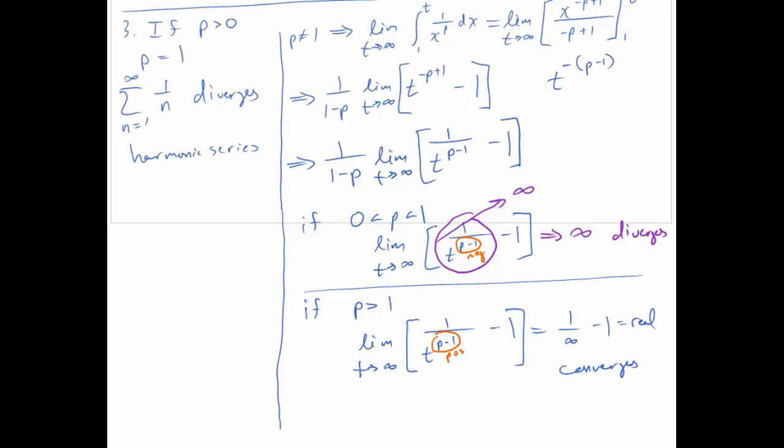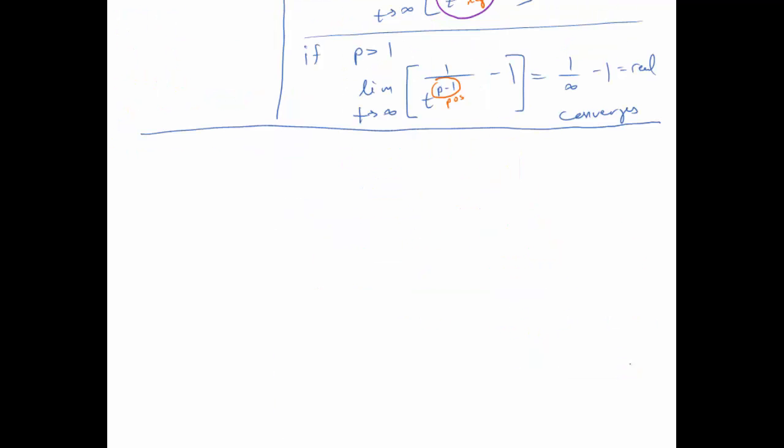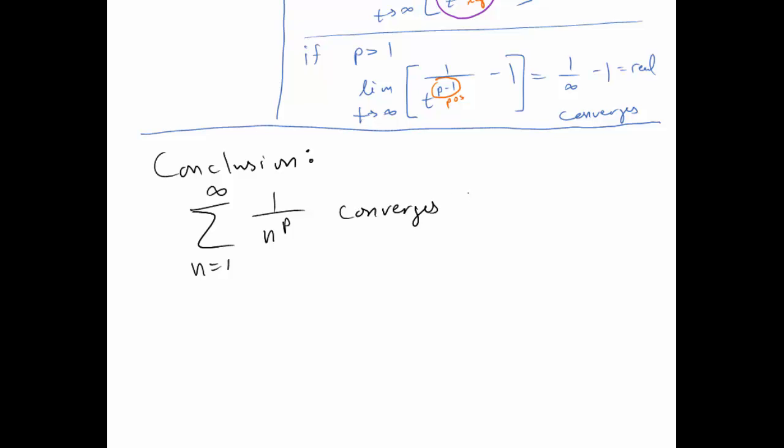So, after all that, what is our conclusion? The series, the sum from n equals 1 to infinity of 1 over n to the p, converges for p greater than 1.